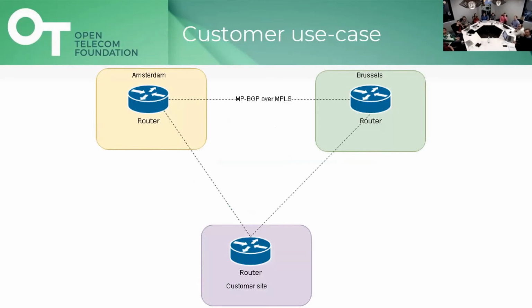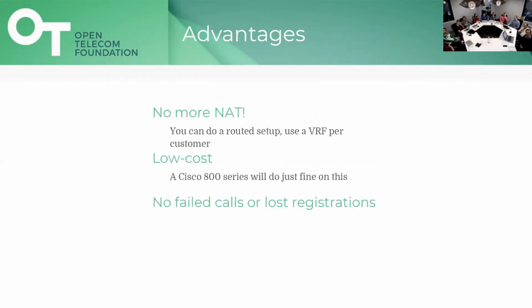You can just say, on my POPs I run little VRFs in my routers, and I use something like multiprotocol BGP to have those routes between all your POPs, so you've got multi-POP redundancy, and then you apply the same principle here. You can do this on basically any router, a simple Cisco 800 series does just fine. You can even do it over the top.